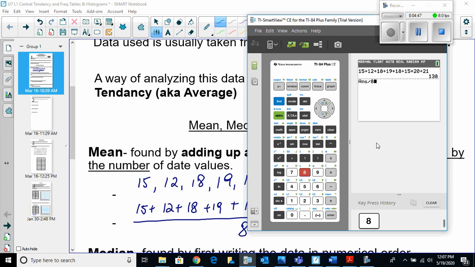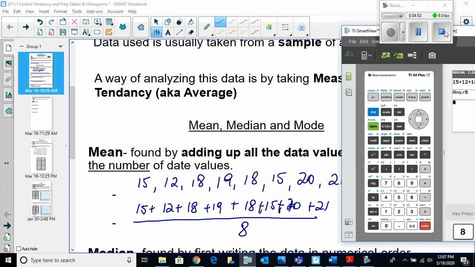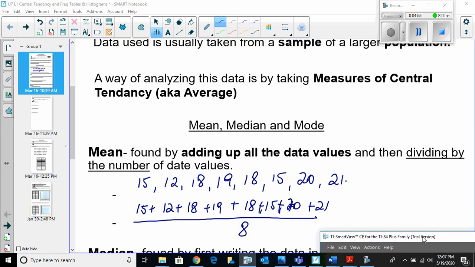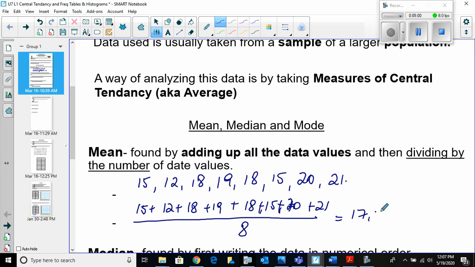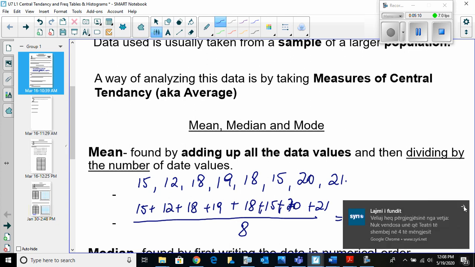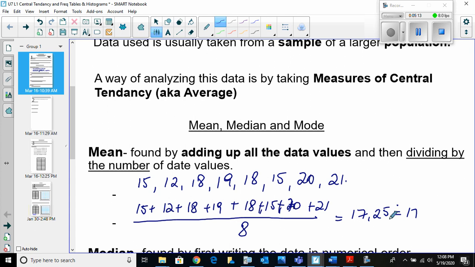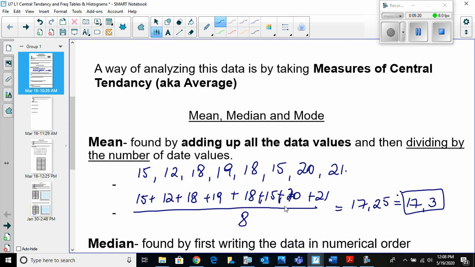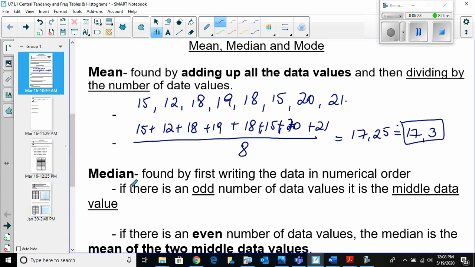That is the number of values, and then the mean is 17.25. If they are asking us to round to the nearest tenth, then it will be 17.3. So this is the mean, or the average.